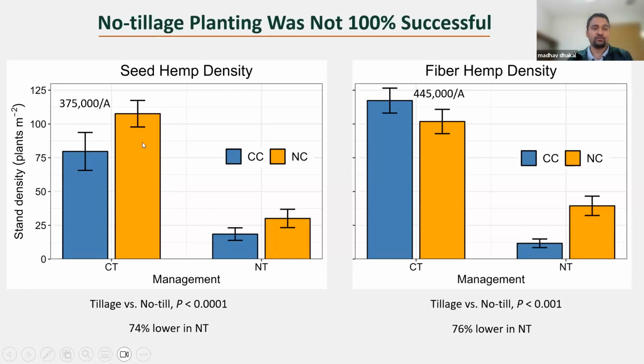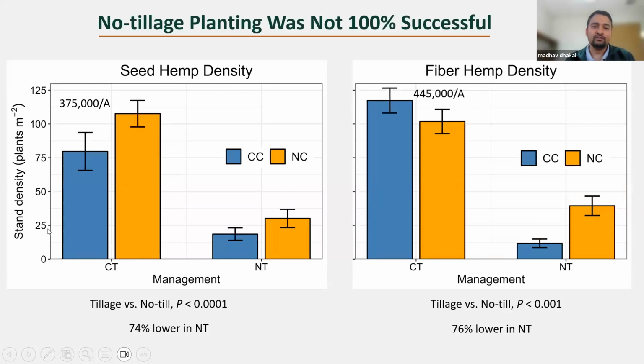In this picture, you can see the stand density, plants per square meter, with two systems. CT is the conventional tillage, NT is the no-tillage. With no-tillage, there are two conditions: CC, cover crop, and NC, no cover crop. The yellow is no cover crop, blue is the cover crop.